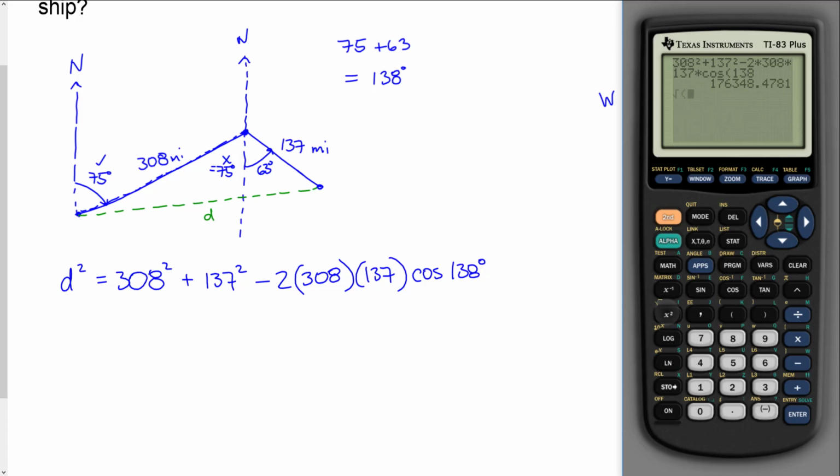However, it's the square of the answer that I want. So this distance then should be approximately 420 miles when you round to the nearest whole number.